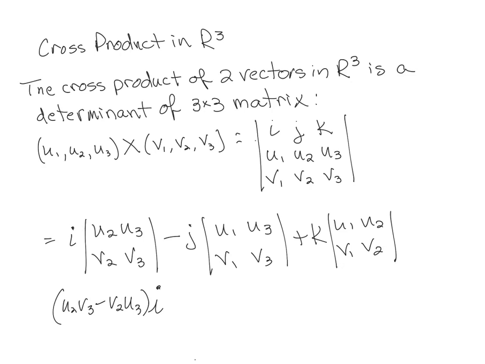Just be careful with your signs. Minus U1, V3 minus V1, U3. You may run into this in a different class where it's written out the way that I'm writing it right now, and they won't tell you that you're just taking the cross product.